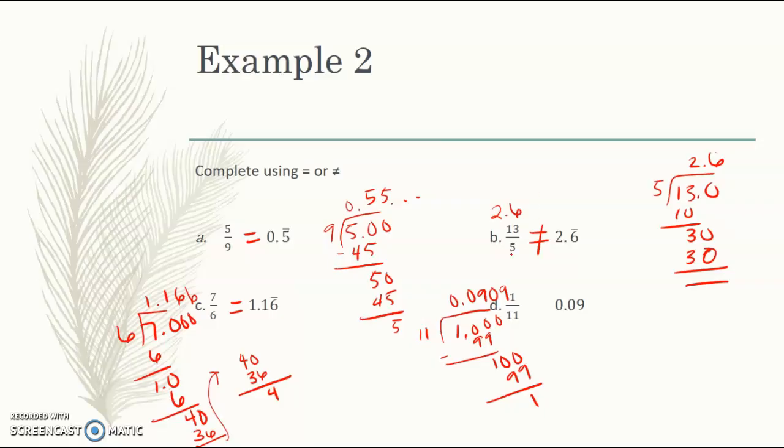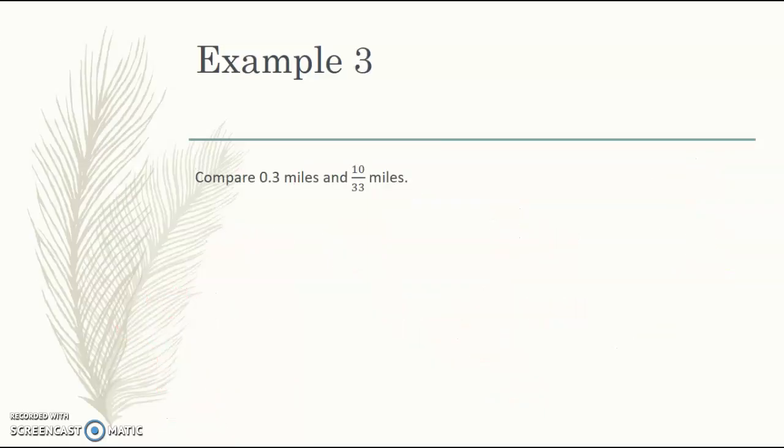And so I notice that 1/11 is equal to 0.09 repeating, that block of digits, which means that it is not equal to just 0.09, because 0.09 terminates. And so we had 2 equal and 2 not equal.